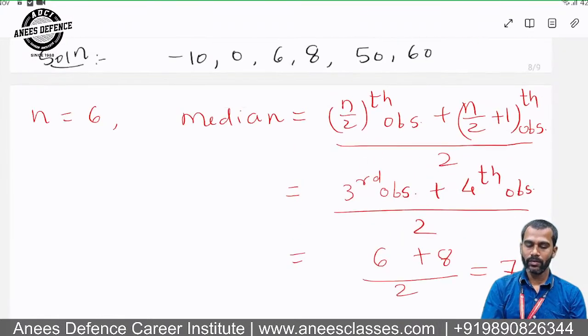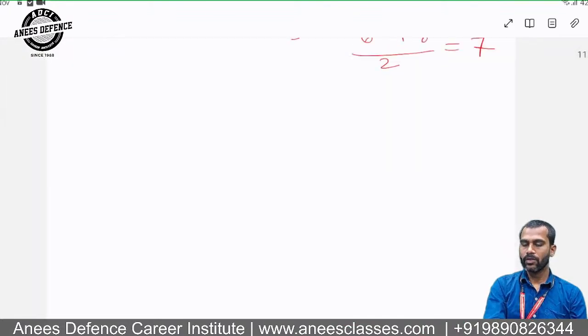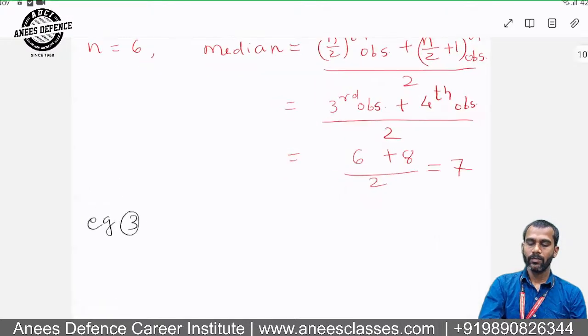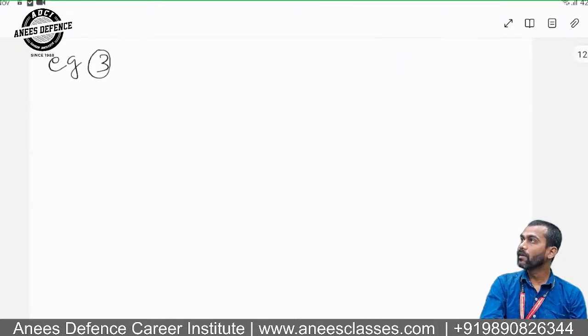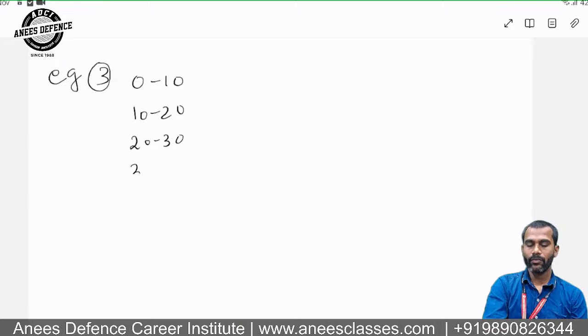Okay. Next example. Online students, have you understood? Yes, sir. Example number 3. Suppose we have continuous data. The classes are 0 to 10, 10 to 20, 20 to 30, 30 to 40, and 40 to 50.